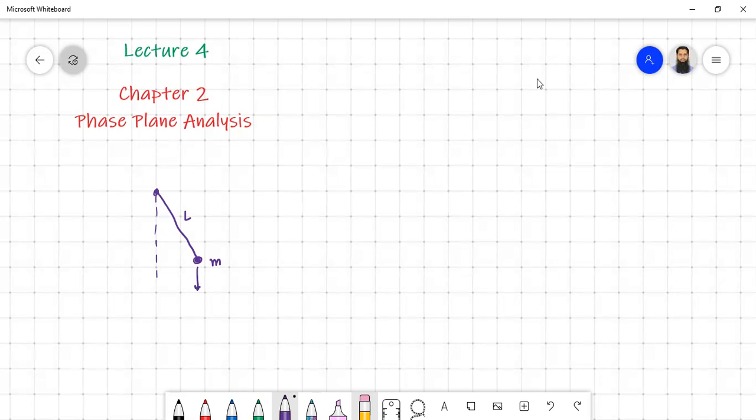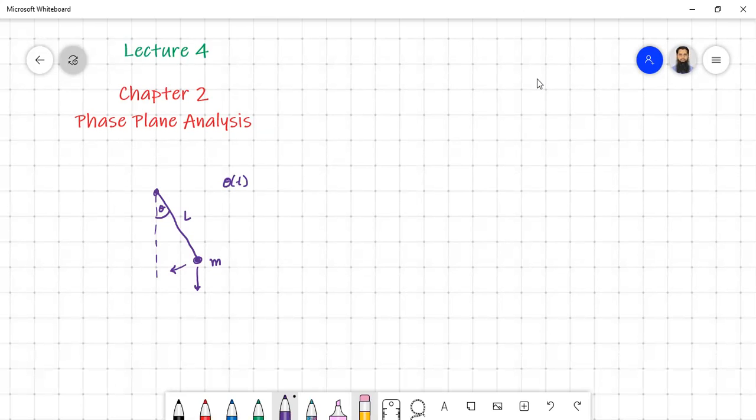The pendulum's direction of rotation will be moving in this way. And let's say the angle with the reference is theta. So you can also write theta(t), the time variable.